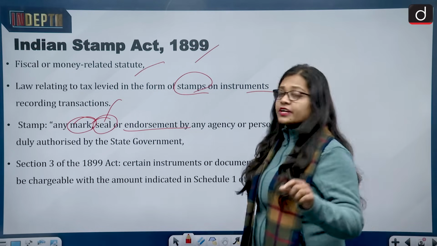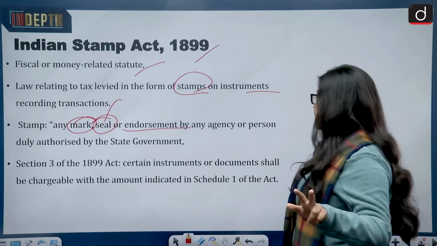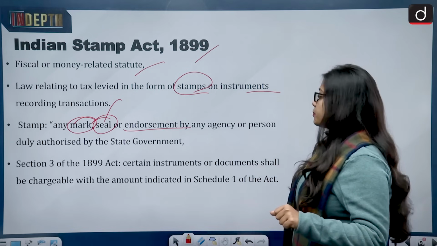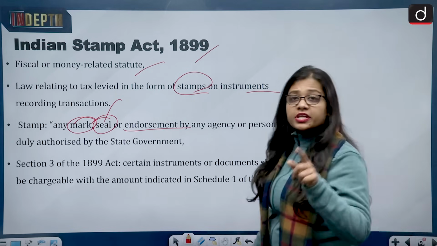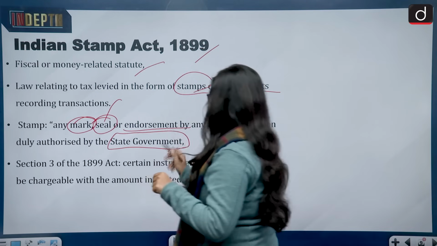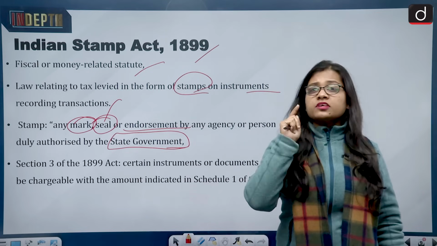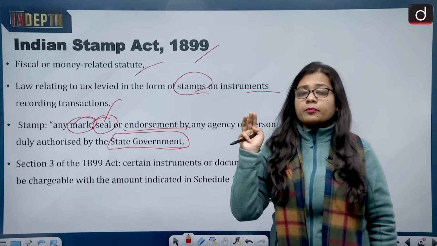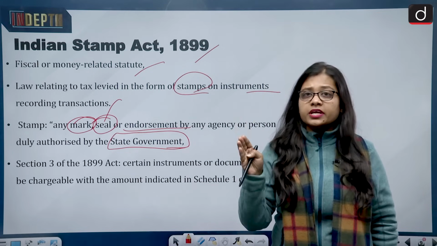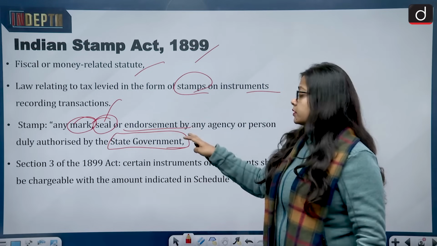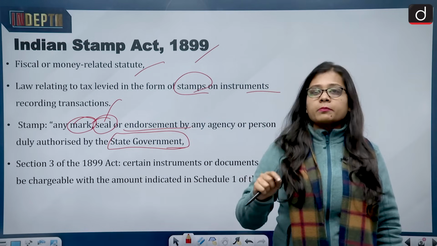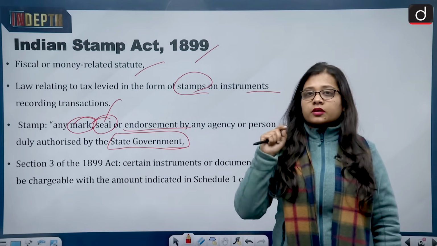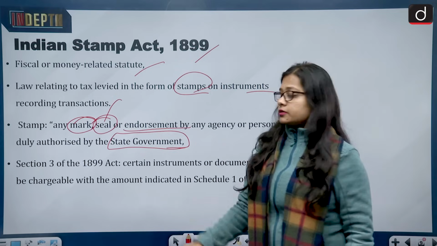So a stamp is any kind of mark, seal or endorsement by any agency or person duly authorized by the state government. As I just told you, stamp duty is levied by the center but is appropriated or collected by the state. So the stamp which is put on the papers by the registrar is under the state government.